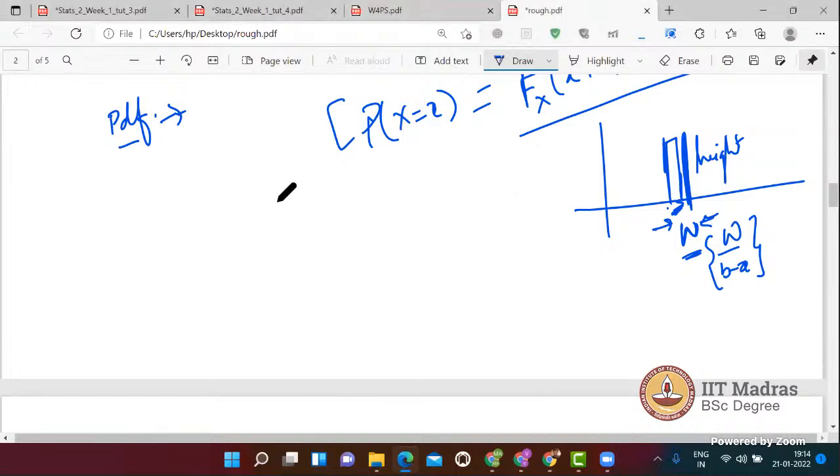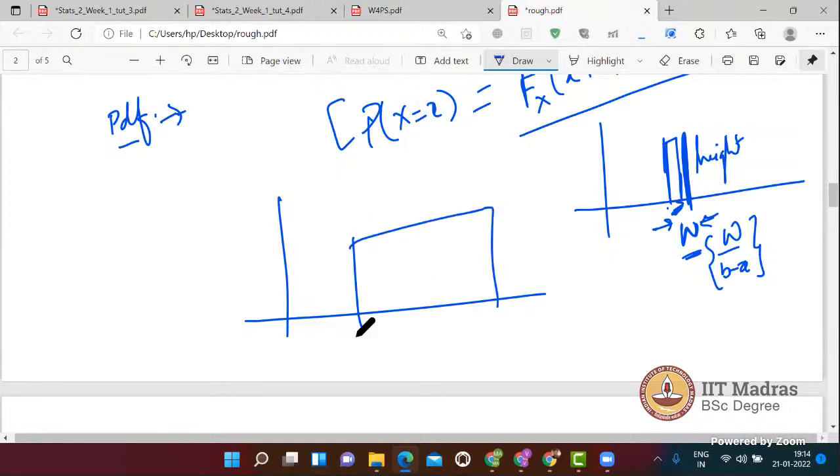See, if you have some sort of uniform random variable, this is a and b. If you have to calculate the probability from a plus c till b minus c, you have the height, right? You just have to calculate the area.